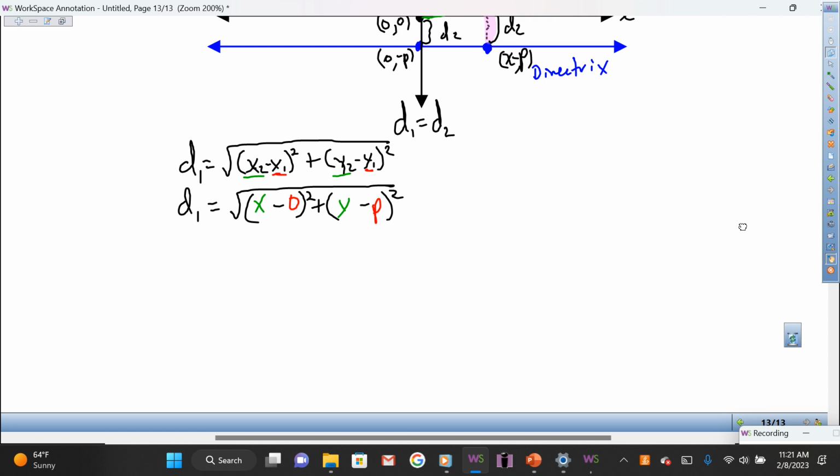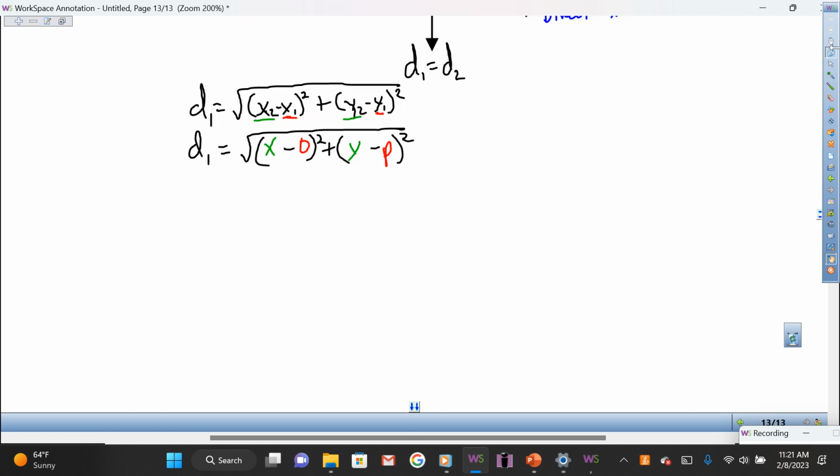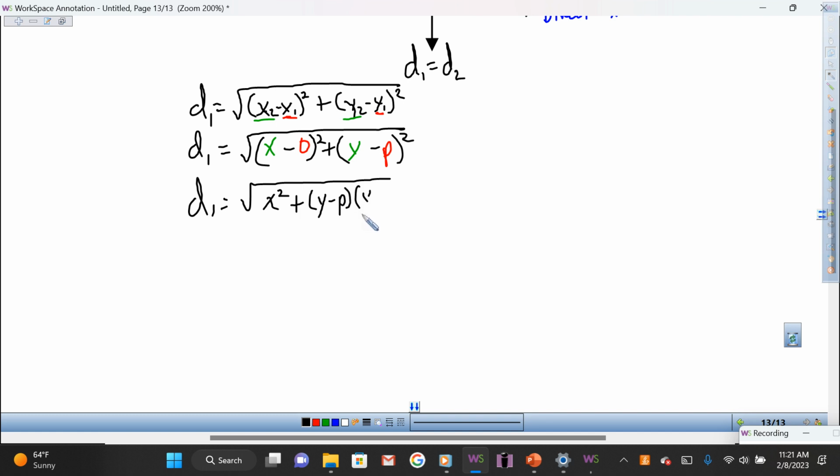So, hold on before you copy. Let me elaborate on this. Look up to the screen. So watch. D sub 1. Do we need the 0? No, because it's 0, right? So I'm left with what? X squared plus. What does this mean? It means y minus p times y minus p. So far, so good, yes? All right, so d sub 1 is x squared, and I'm going to distribute this.